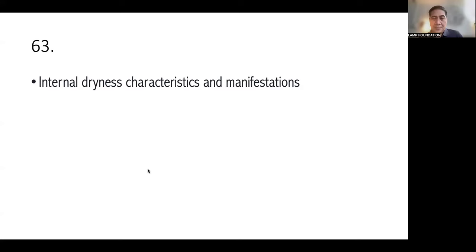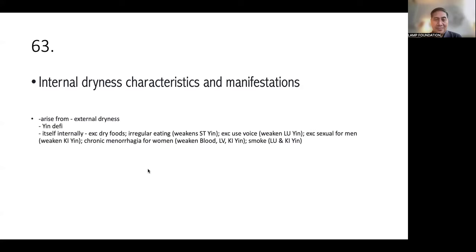Because of excess dry foods, irregular eating, which weakens the stomach yin, excessive use of voice, which weakens lung yin, excessive sexual activity for men, weakens kidney yin, chronic menorrhagia for women, which weakens blood, liver, kidney yin, and smoking, lung and kidney yin.